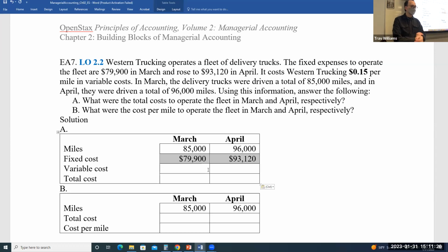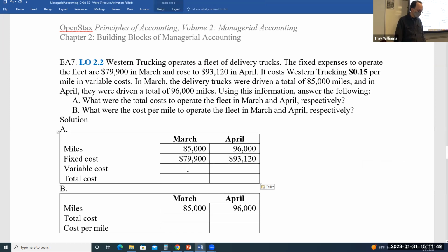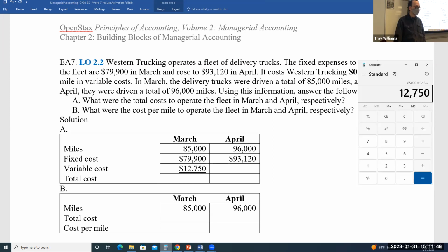Yes, exactly right. So we take 85,000 miles times 15 cents per mile, and that gives us the total variable cost for that month. Good job. So that's 12,750 in variable costs. We can then add that to our fixed costs. And we get our total costs.